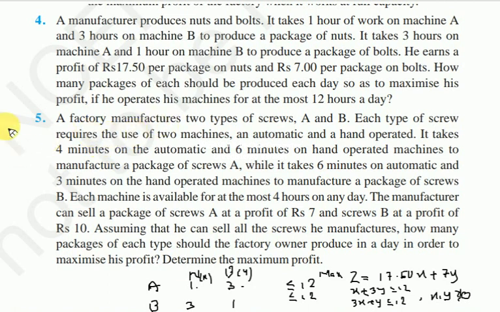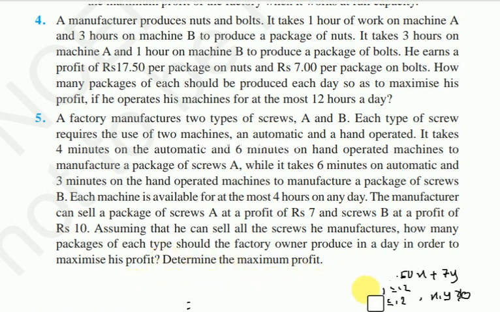A factory manufactures 2 types of screws, A and B. So again, what I said is you need to look at the limits on the given variables or anything it may be.